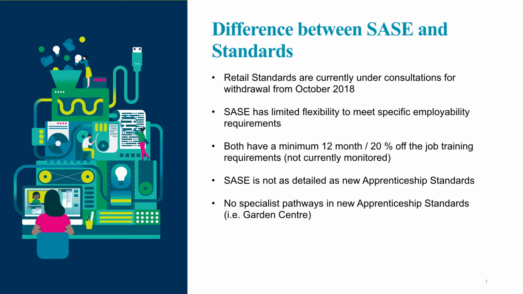The retail standards level 2 and 3, and I believe the level 4 as well, are under consultation for withdrawal from October. I've said October 18, but I think it might be brought forward to April 18. So it looks like from April 18 there won't be a retail apprenticeship SACE framework to be registered against from that point. So it'll only be the apprenticeship standards that you have available to you.